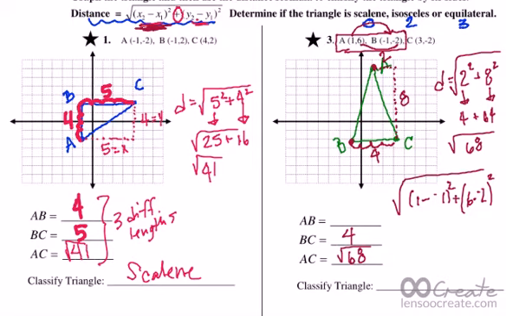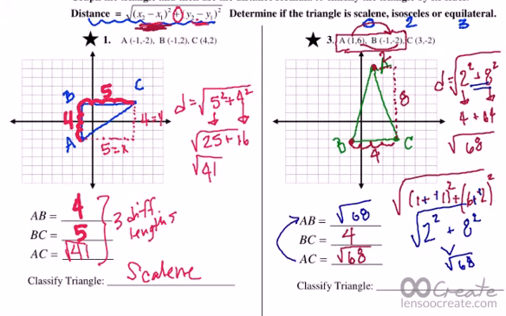We will take the square root. When you subtract a negative, it's like adding the opposite. So we end up with 2 squared, and add 2, we get 8 squared. You'll notice from above, that's exactly what we have right here. We have the square root of 68. We have 2 sides that are congruent. That makes our triangle isosceles.